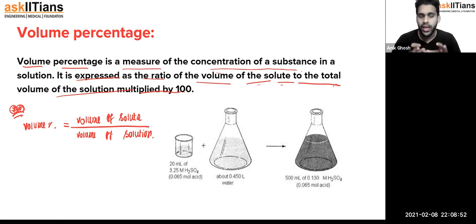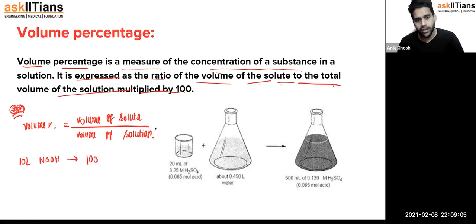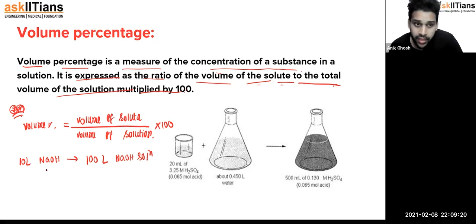They can ask you a question like, I have 10 liters of NaOH in 100 liters of NaOH solution. As it is a percentage, we need to make it into 100, right? 10 liters of NaOH in 100 liters of NaOH solution, not solvent.